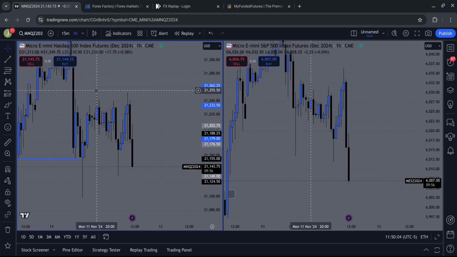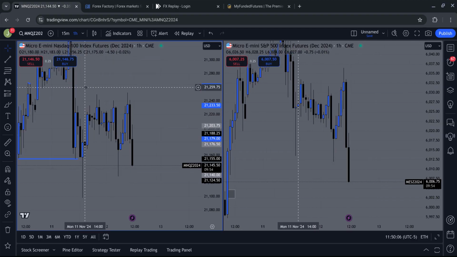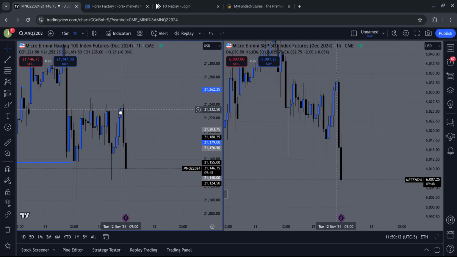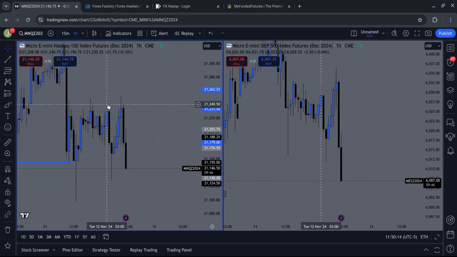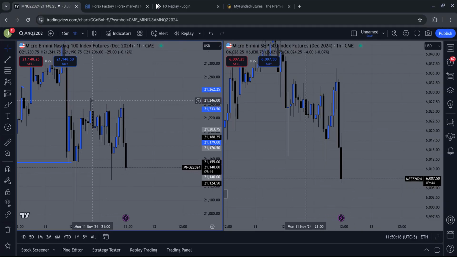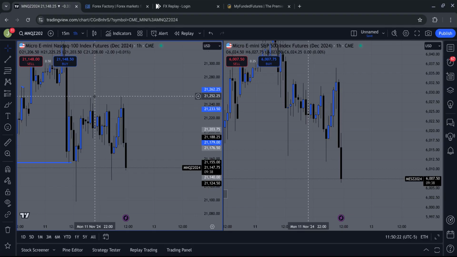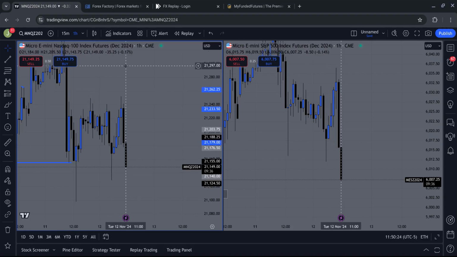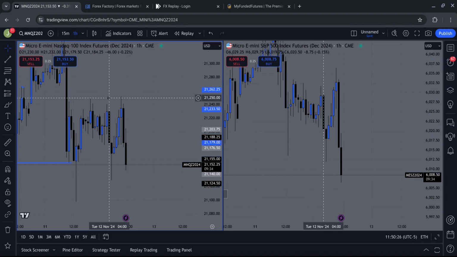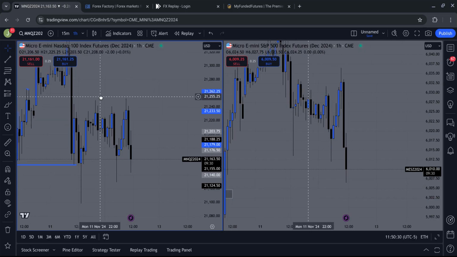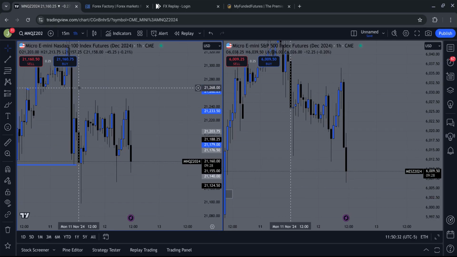NQ took out London high, but it still had the Asia high at the time, right? But ES had taken out the Asia high after market open. So right now both of them took out Asia high, but at the time I was looking at the charts, there was a bearish SMT. And on top of that, there was this hourly fair value gap.